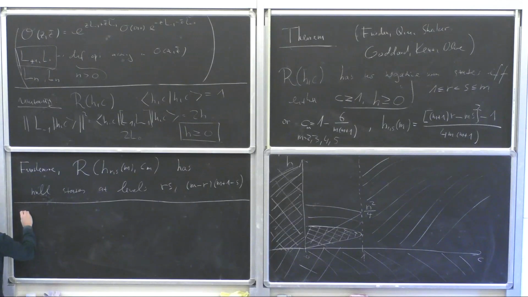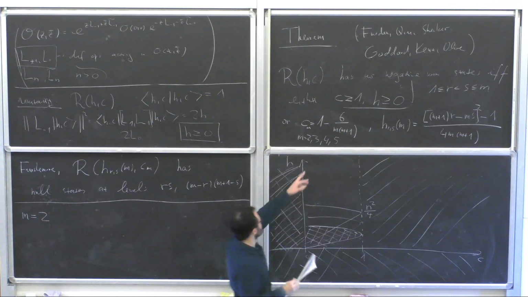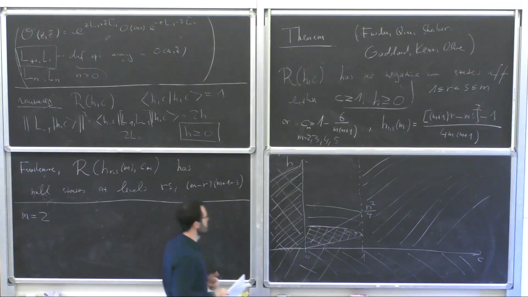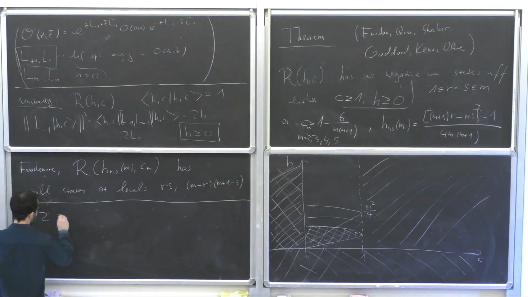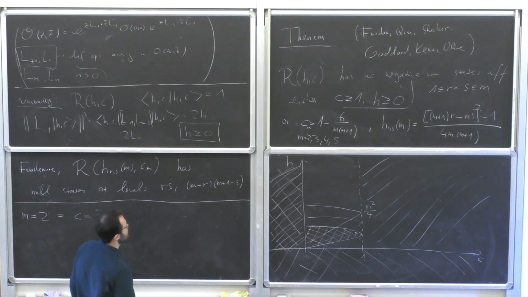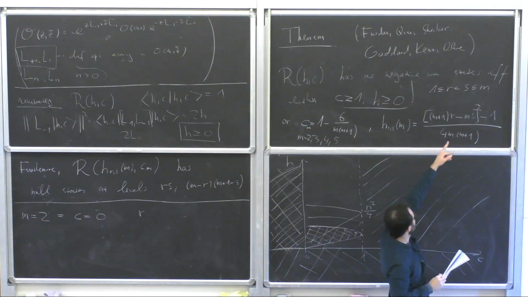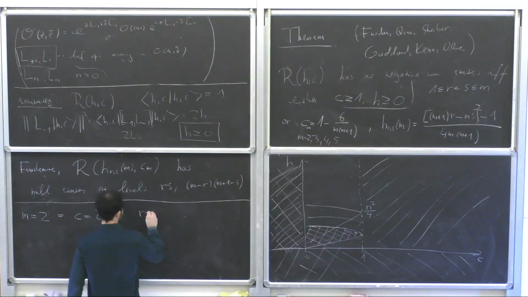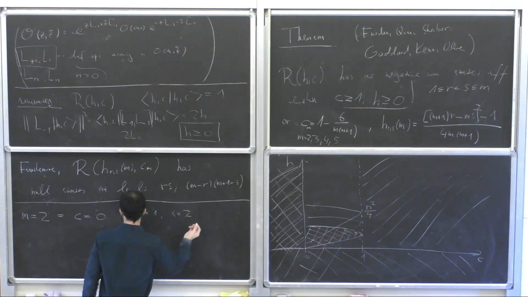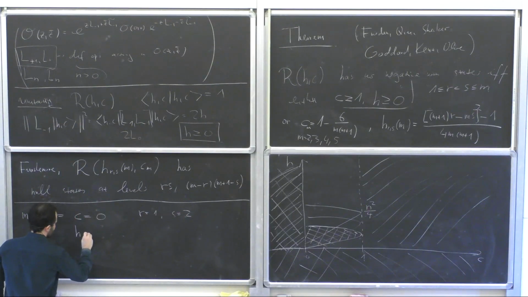So let's just look at examples. The simplest example is m equals 2. So what's C for m equals 2? It's 0. And so R has to be 1, S has to be equal to 2, and then you get that H_{1,2} is also 0.